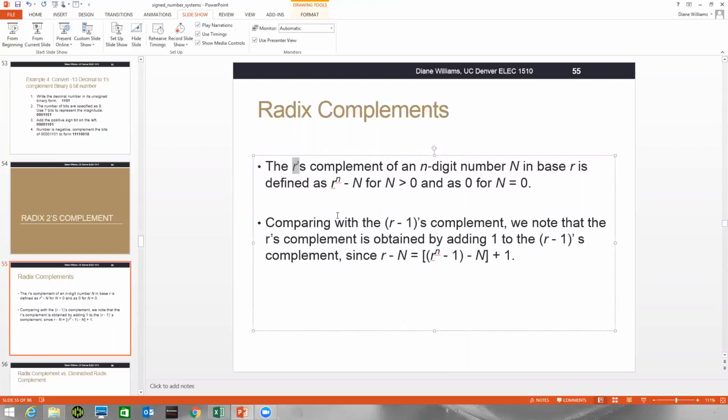We have a series of formulas that we can use to form the 2's complement number. The R's complement is the R minus 1 complement plus 1. So for the R minus 1 complement, we form that with this formula. For the R complement, we're simply going to add 1 back to that.